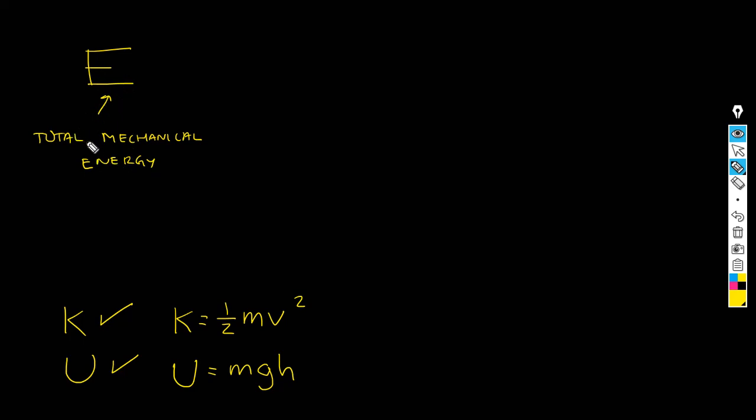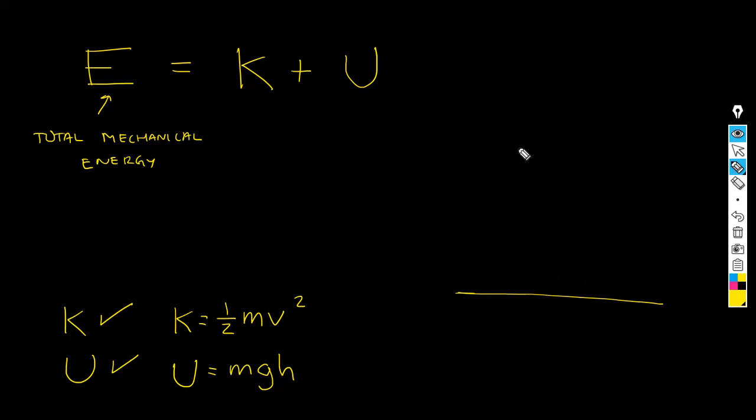So when I say total energy, I mean total mechanical energy. And this in physics is defined as the kinetic energy of a particle plus its potential energy. Okay, because a single particle can have both of them, not just one of them. For example, try to imagine this.